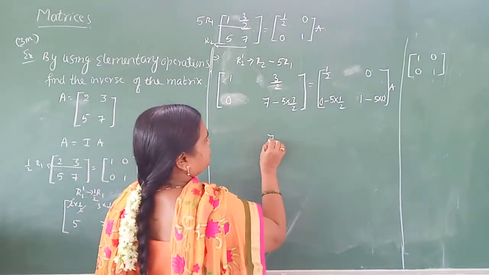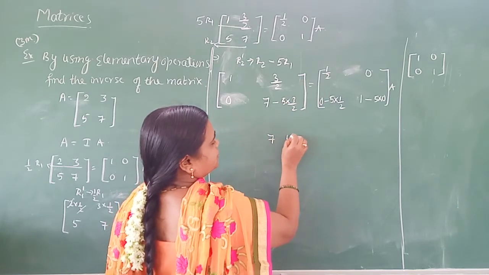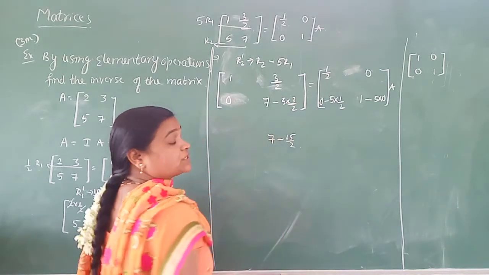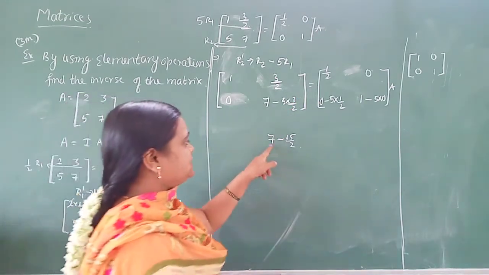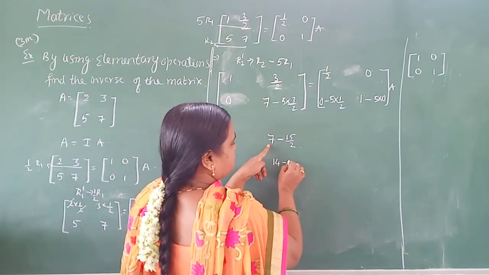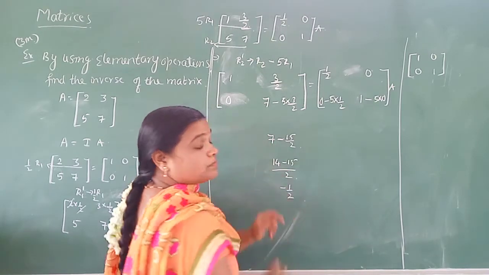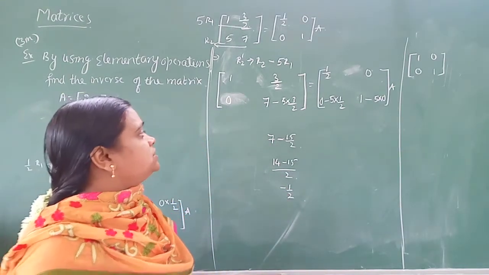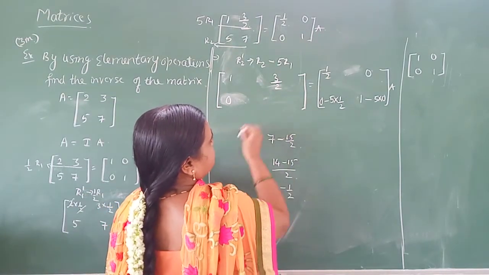Next, this is 7. 5 into 3 gives 15 by 2. So 7 minus 15 by 2; take the LCM: 14 minus 15 by 2 is minus half.